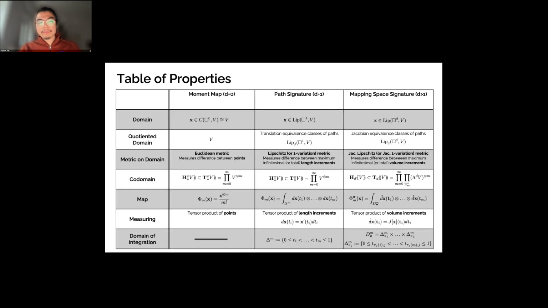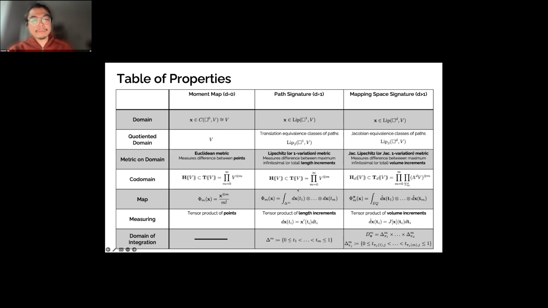And so the last thing I want to do is to highlight the similarities between the monomial map. This should say the monomial map here. So highlight the properties between the monomial map, the path signature, and the mapping space signature.